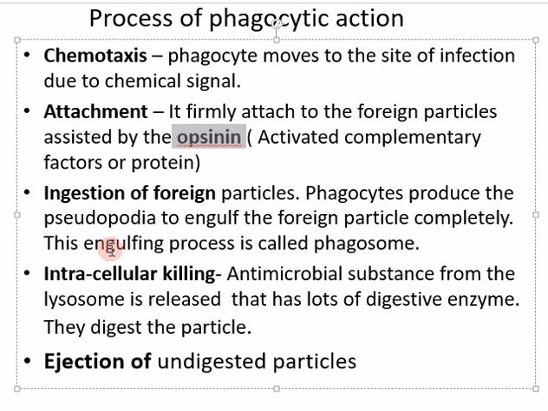Now once this attaches, the phagocyte slowly engulfs it, forming a pseudopod mechanism.